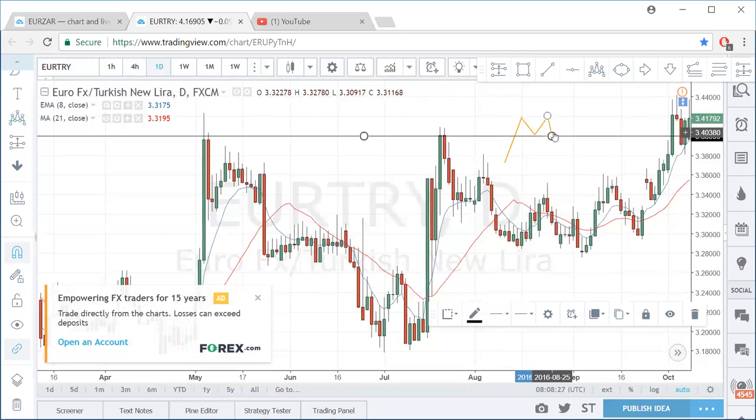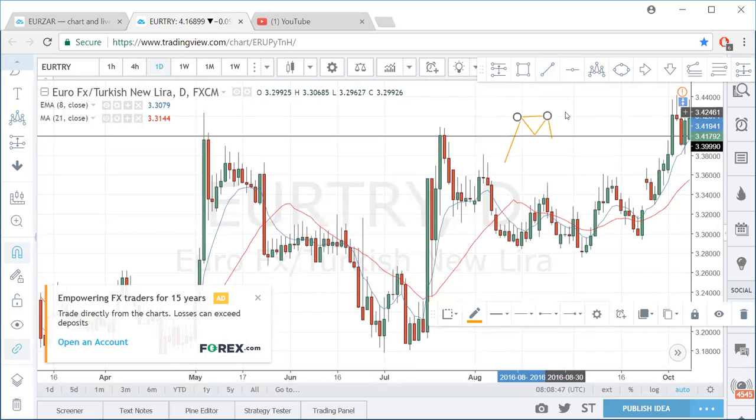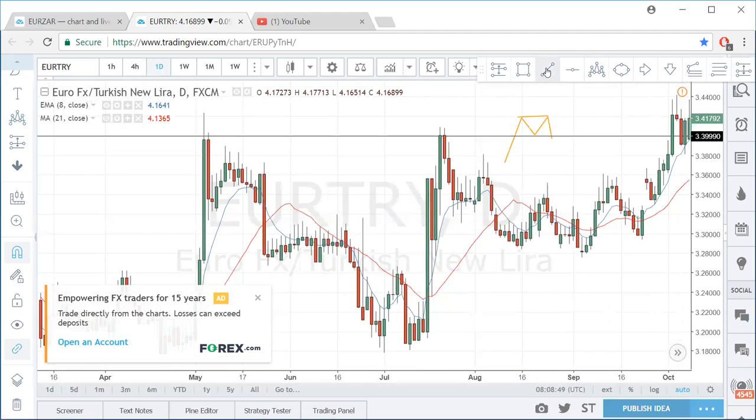This is your neckline. If price breaks and closes beneath your neckline, this is what I always do. I calculate the distance between here and there, right? How do I do that? I just use my trend line. I draw a line from here to here, right? Now, after drawing a line from there to there, I also calculate the distance from here to here.